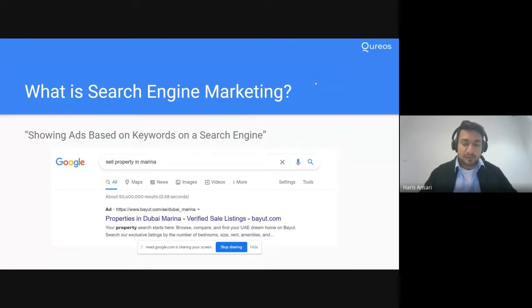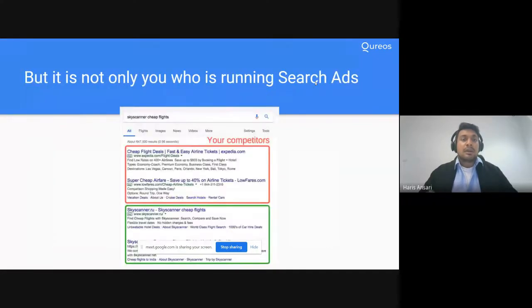And a lot of people in the audience will probably already be running these campaigns. But problems and challenges come when you start marketing on a particular keyword and your competitors are also there, because they also know that users are searching for these keywords. Let's say here, for example, Skyscanner is running an ad.